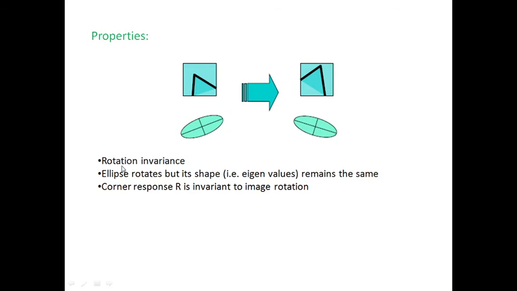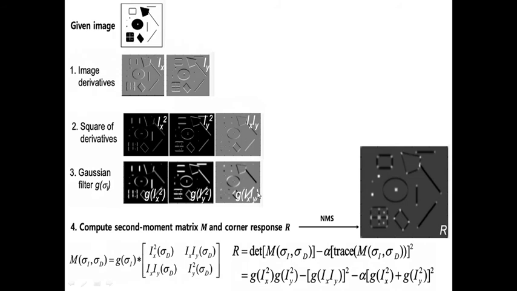It is rotation invariant. You can see that if the ellipse rotates clockwise, its shape remains the same, right? The corner response is invariant even though the ellipse is rotating. So the corner locations are invariant to photometric transformations and affine transformations also, right?